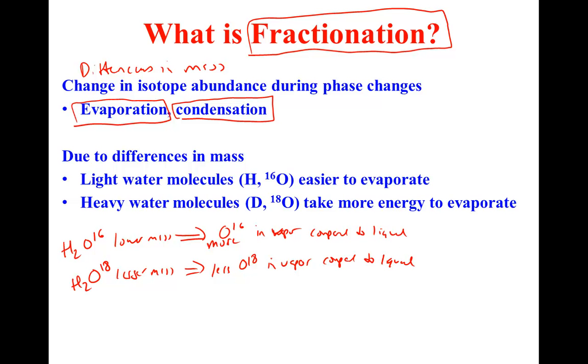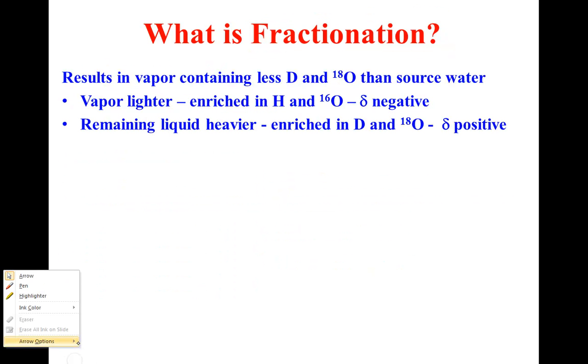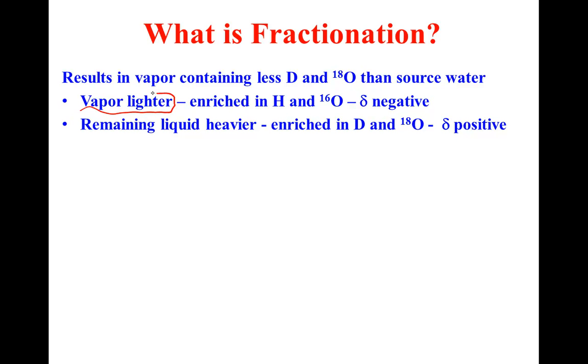In other words, due to differences in mass, light isotopes tend to evaporate, and heavy isotopes tend to remain in the ocean. And so as a result of fractionation, the water vapor that we make is lighter. It's enriched in the light isotopes, normal hydrogen and the light O16 isotope.